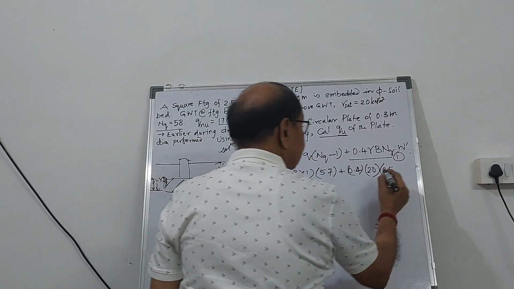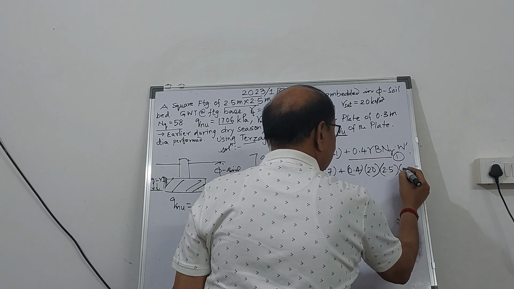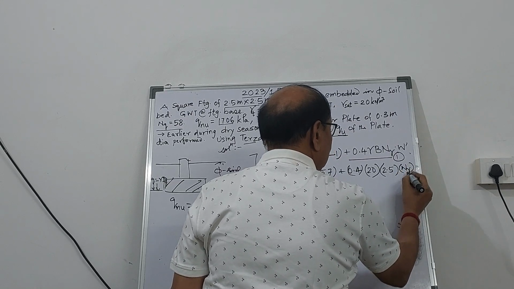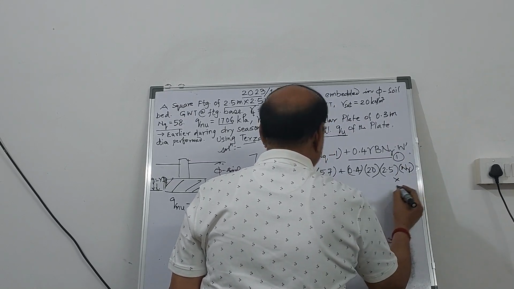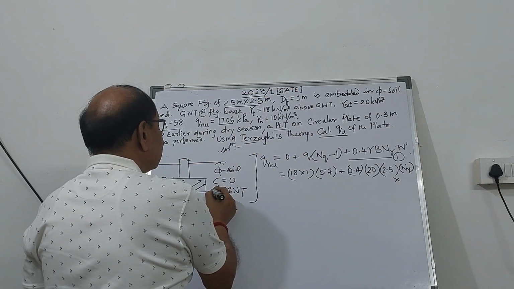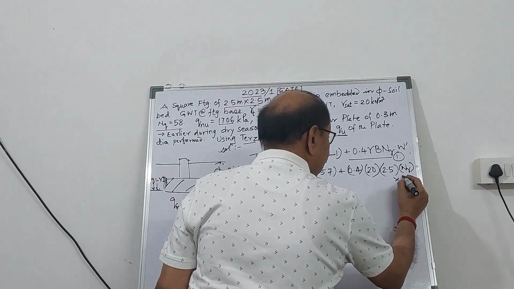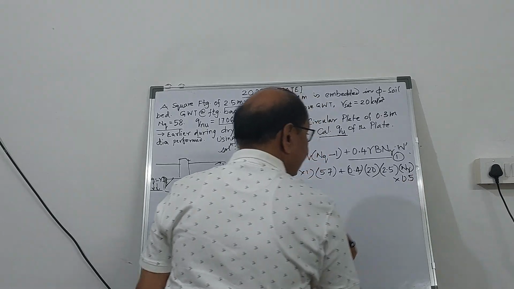N gamma is not known to you, multiplied by water table correction factor, because the water table is going to touch the base of the footing.